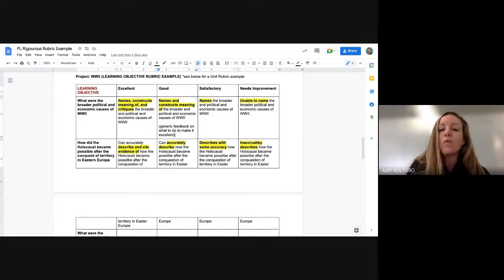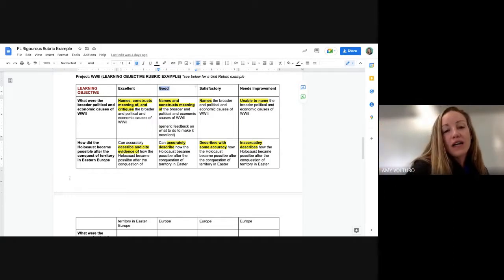It can be anything you want, but you can include that here so they can see exactly what that looks like to be assessed as good or excellent or satisfactory. So that is another component that can be built right into the rubric, and then the students can be more self-sufficient and work at their own pace.